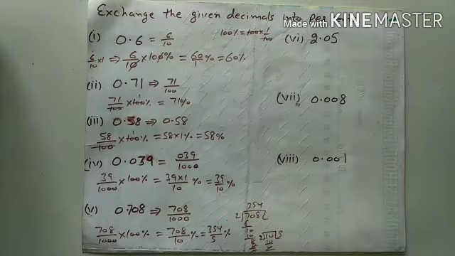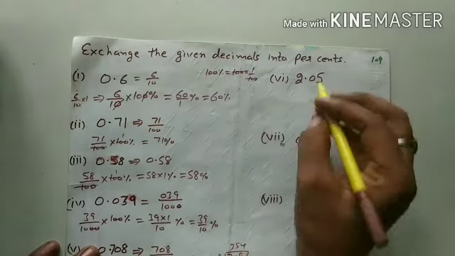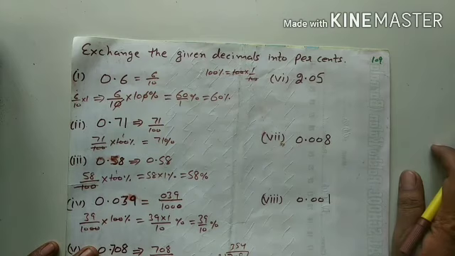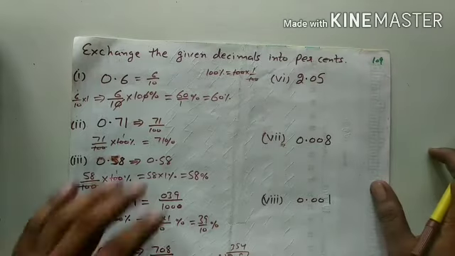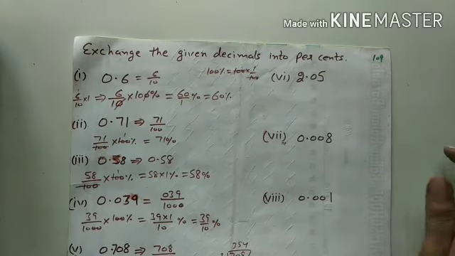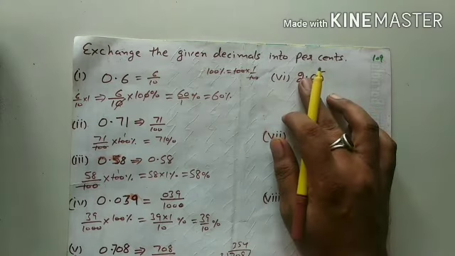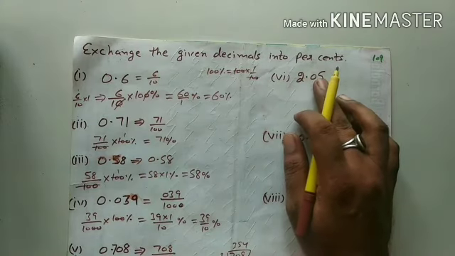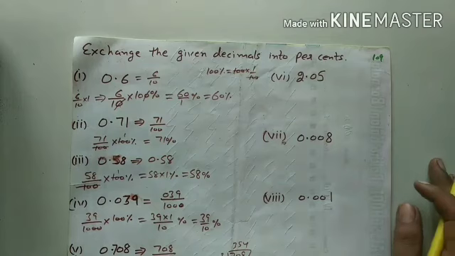Now on the sixth part, student, I am also going to tell you how you can write these answers directly. In this part I have explained the detailed method. If after decimal there are two digits, then you can write it directly as percent.